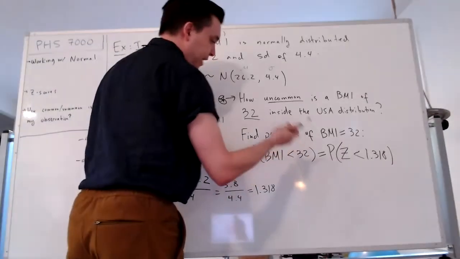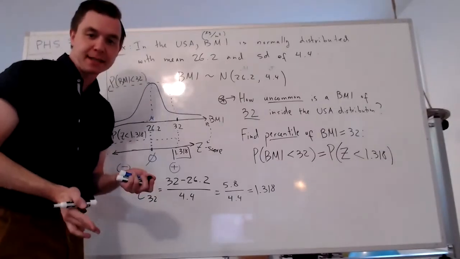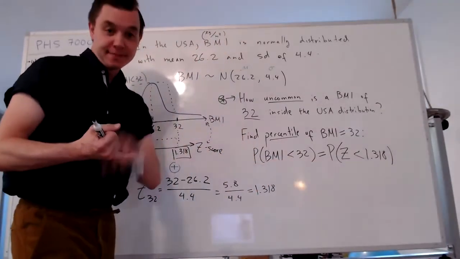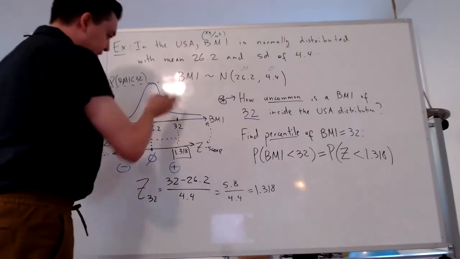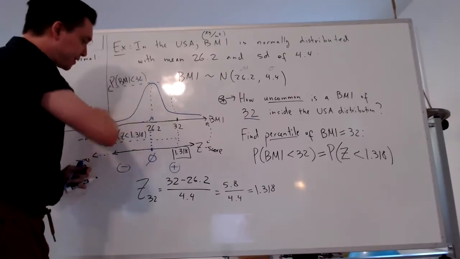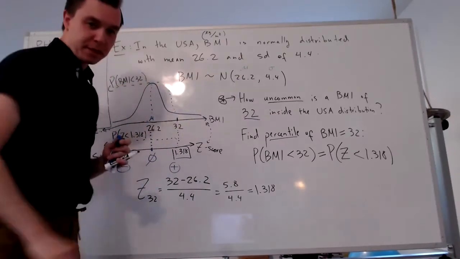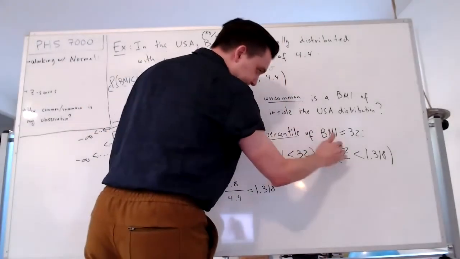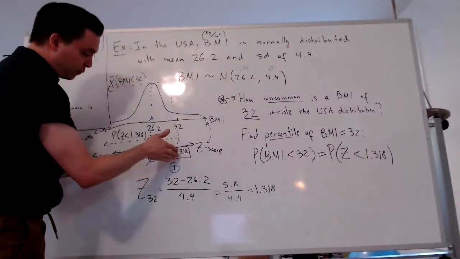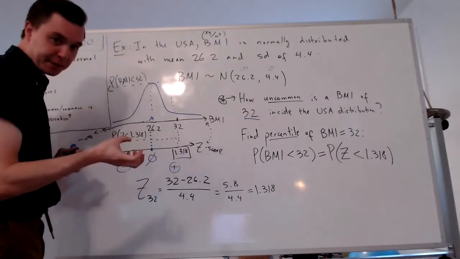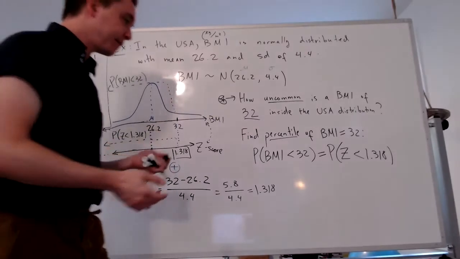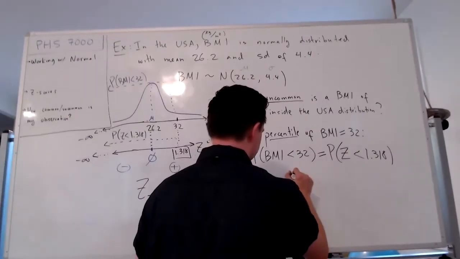And why below? Because I'm using the definition of a percentile. At this point, I can either integrate the standard normal curve from negative infinity to 1.318 and find this probability, or I can use my probability app.